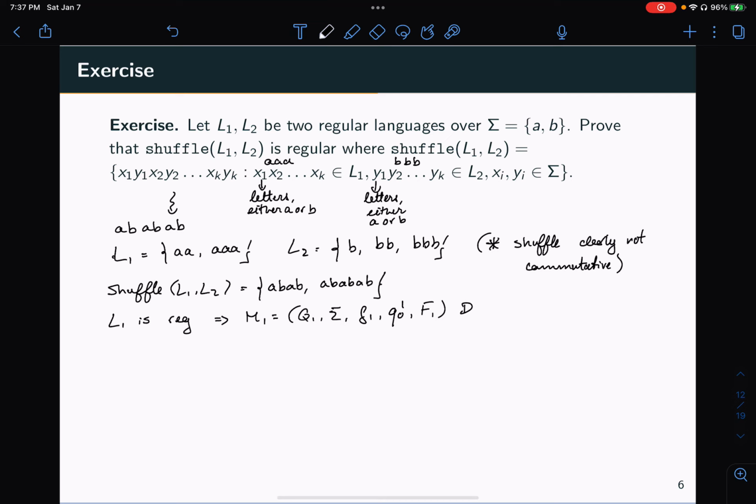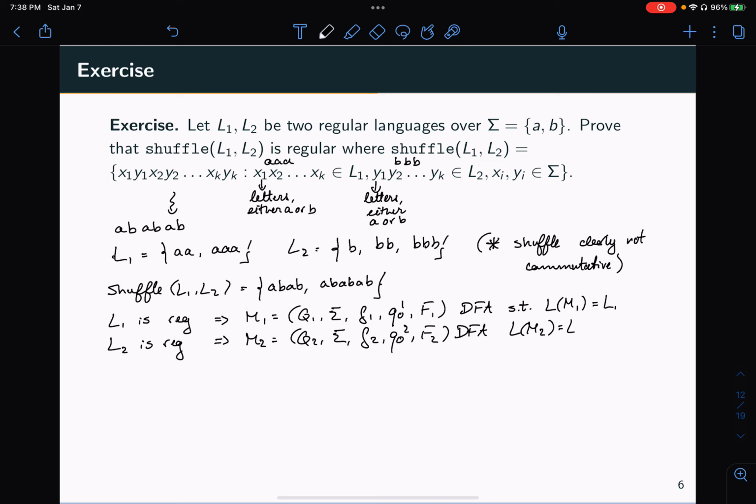So M1 is a DFA such that the language accepted by M1 is L1. And L2 is regular means the same thing: I have some machine M2, which is Q2, sigma, delta 2, Q0,2, F2, another DFA that accepts the language L2.